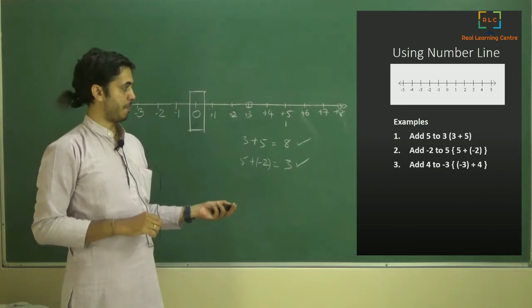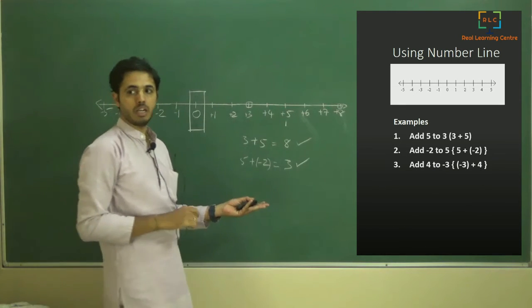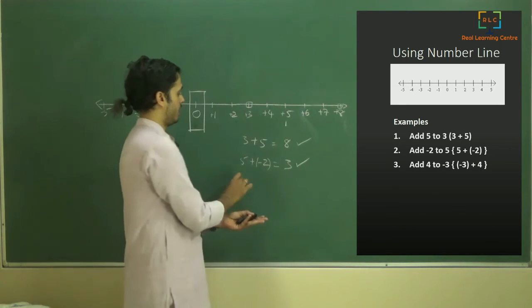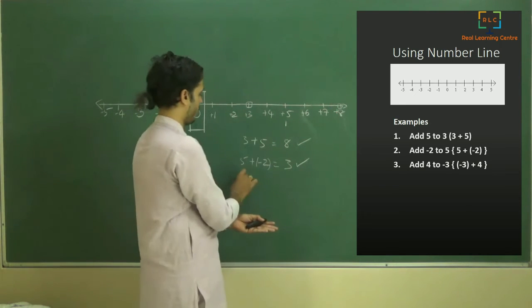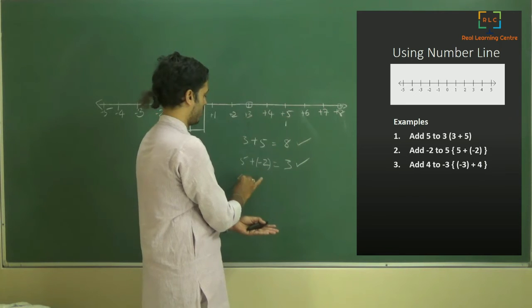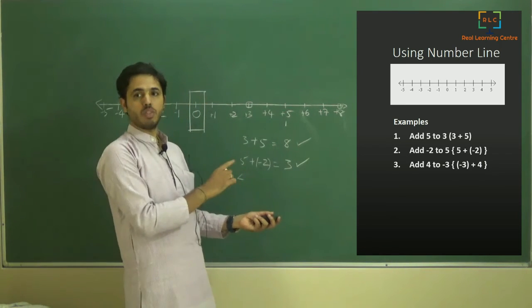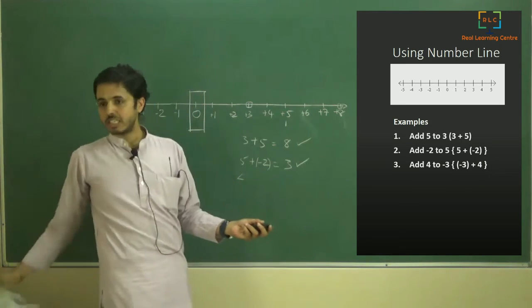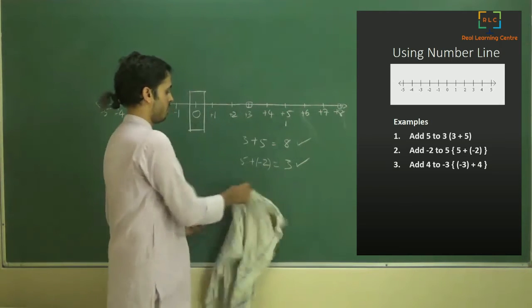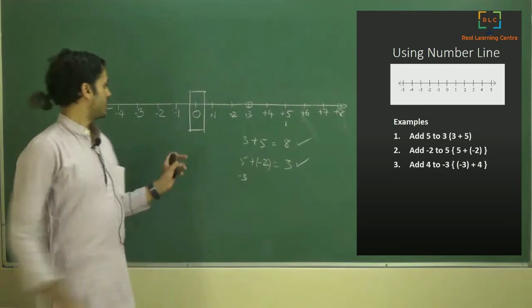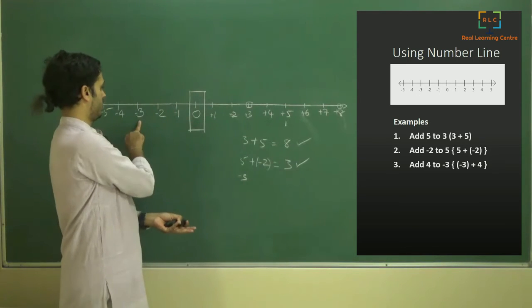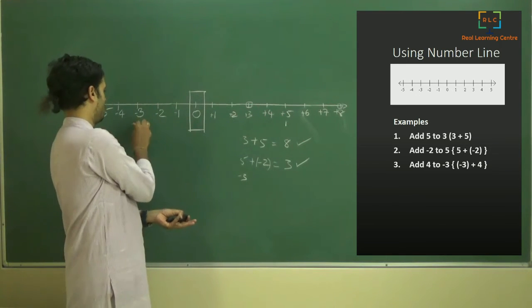Let's go to the third example. In this third example, we have to add 4 to minus 3. Start with 4? No. Start with minus 3. Now minus 3 is located here, 3 units towards my left.